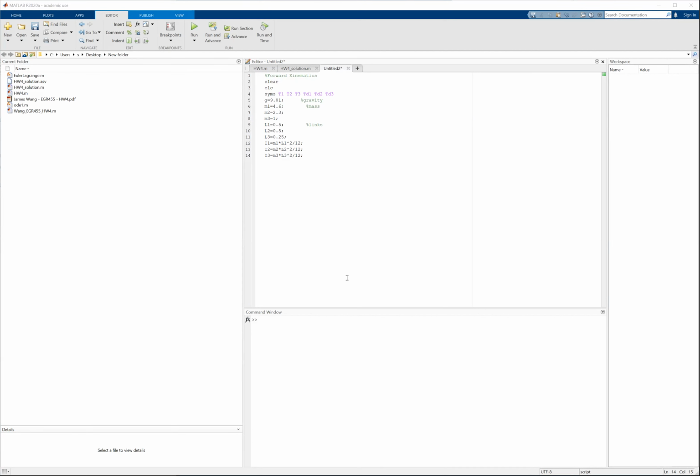Now, at this point, I need to tell you what exactly is happening here. For that, I'm going to switch back to my whiteboard, the computer screen.